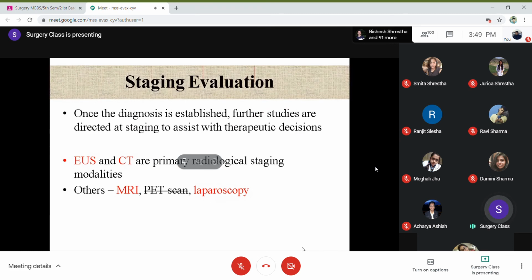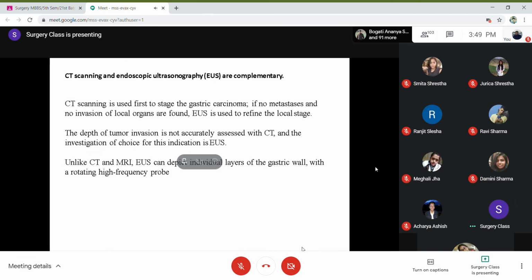This I've already told you: EUS and CT are the primary radiological staging modalities, and they can be complementary sometimes.